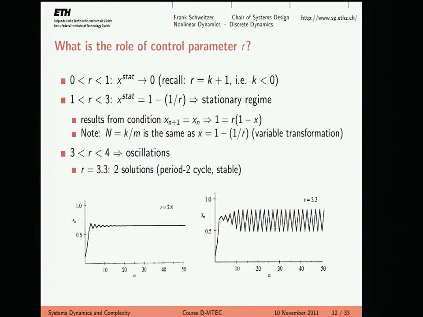That's how we calculate the stationary state if r is between 1 and 3. Now, why between 1 and 3? It can be shown, but let's not concern ourselves with this. It's not so important.